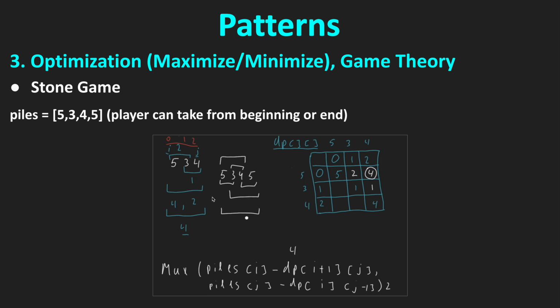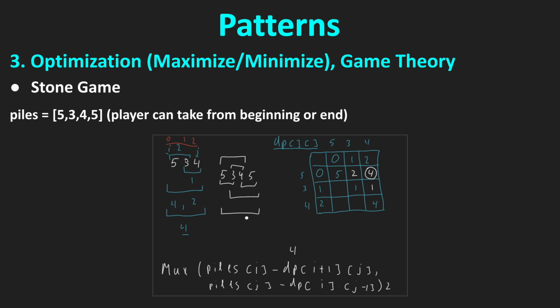If we have three elements, what are the scenarios? For this scenario, we are adding one more element to the right. So if Alice starts with 4, then Bob also plays optimally, since every player will take the maximum stone.